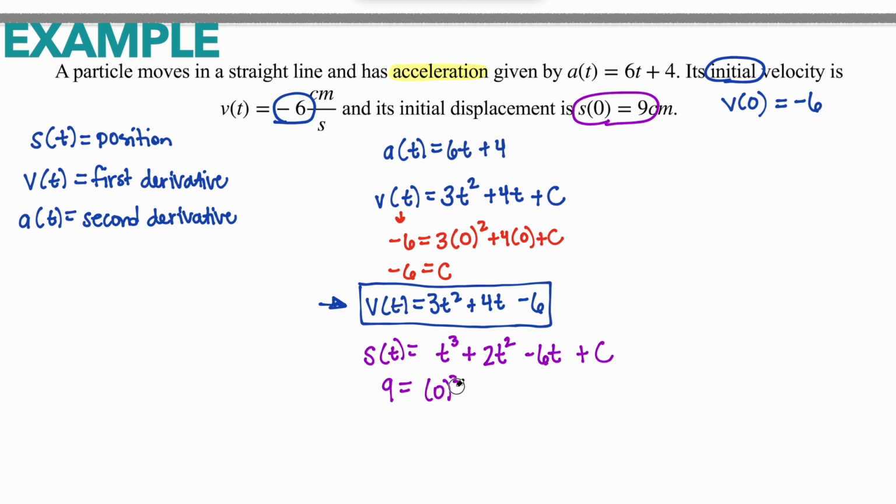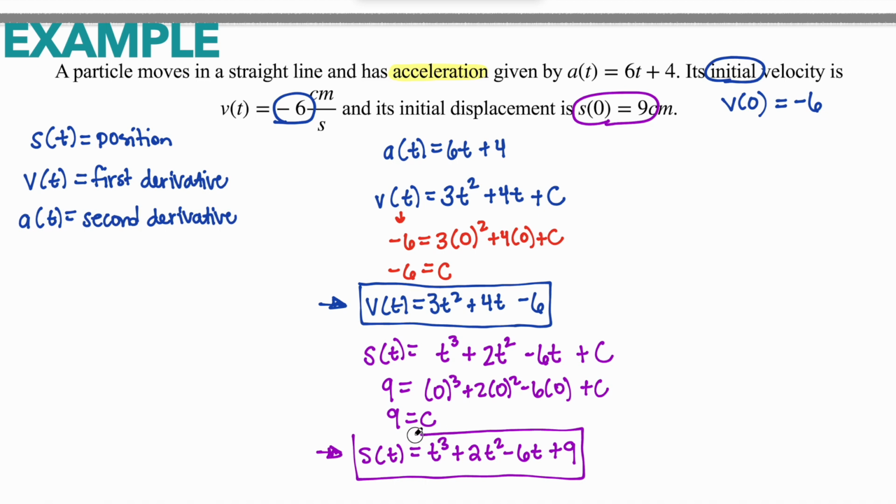So I'm going to plug in 0, and therefore, c equals 9. So that means my position was t cubed plus 2t squared minus 6t plus 9.